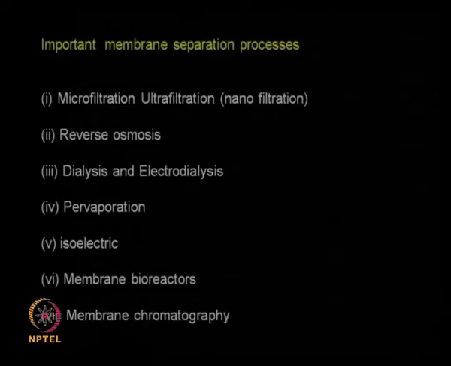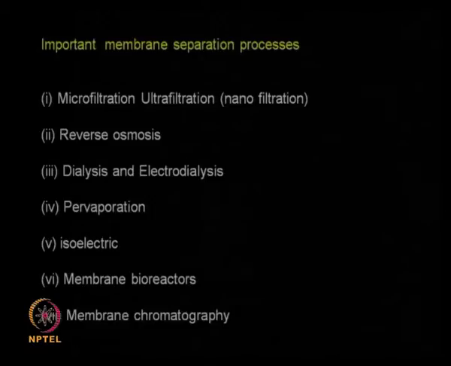So we looked at a large number of membrane separation processes over the past few classes. Some of them have pores, fine pores, some of them do not have pores. So the process is like a diffusion. The processes which are based on pores are like a filtration.